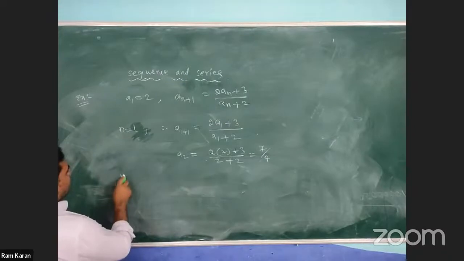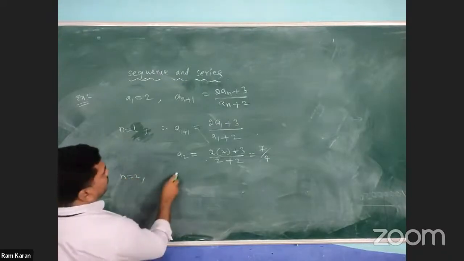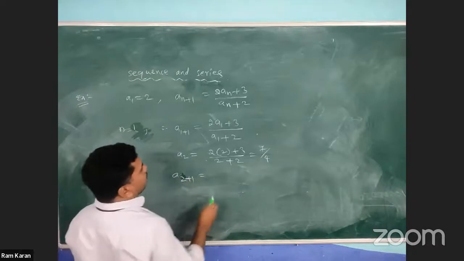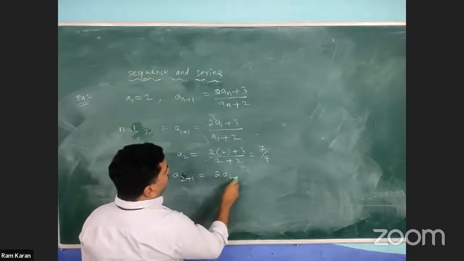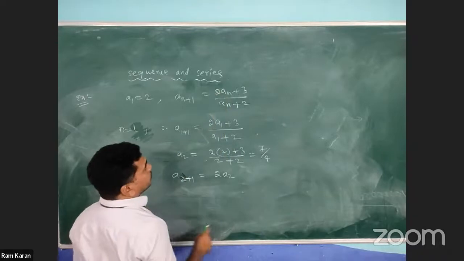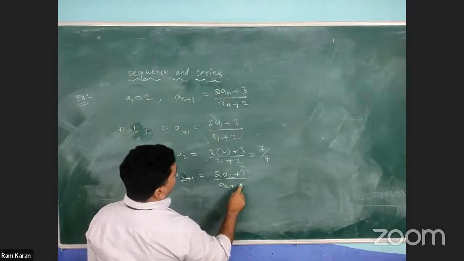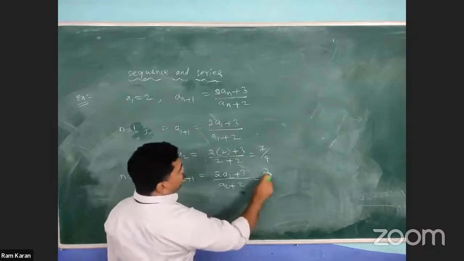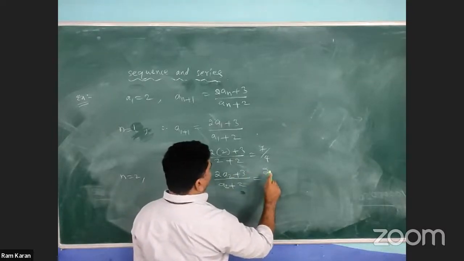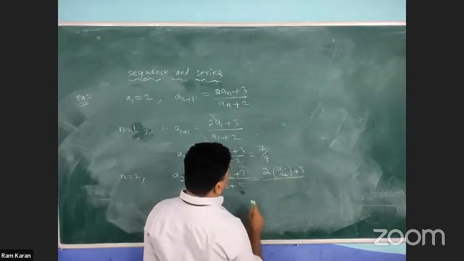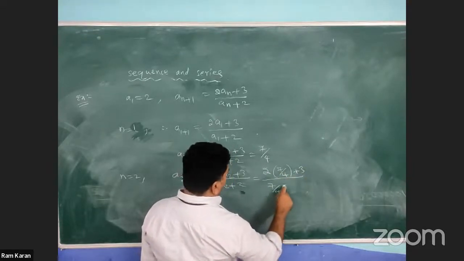Now substitute n = 2: a_3 is 2 into a_2 plus 3, by a_2 plus 2. a_2 is 7 by 4, so 7 by 4 plus 3 by 7 by 4 plus 2.